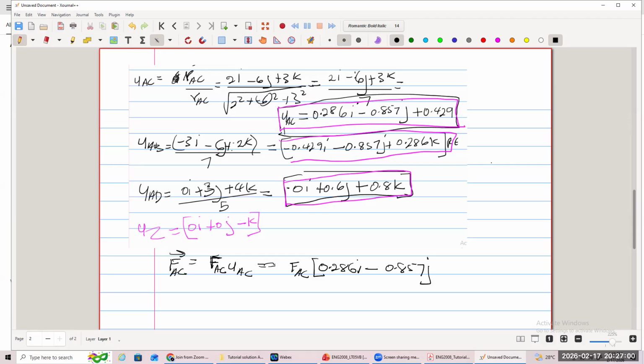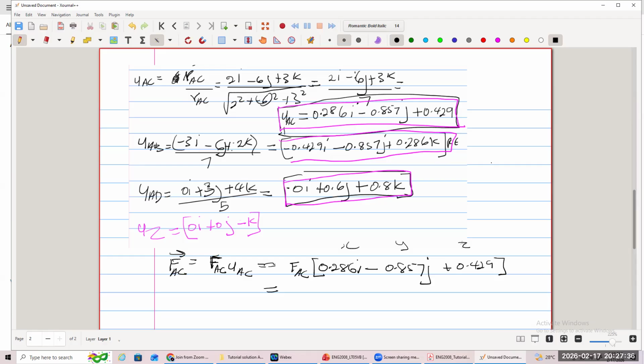I put the i and j there to remind you of those axes. And then the next one would be plus 0.429. Essentially, each one of these will represent the X, the Y, and the Z of each line. You realize that?